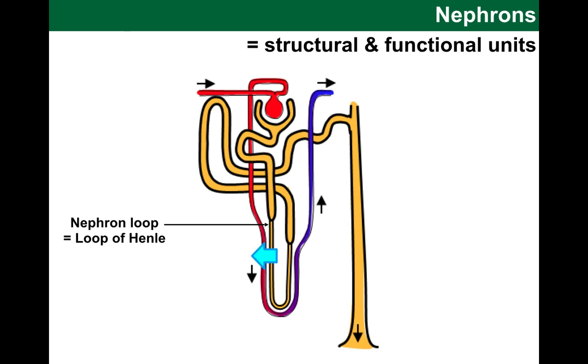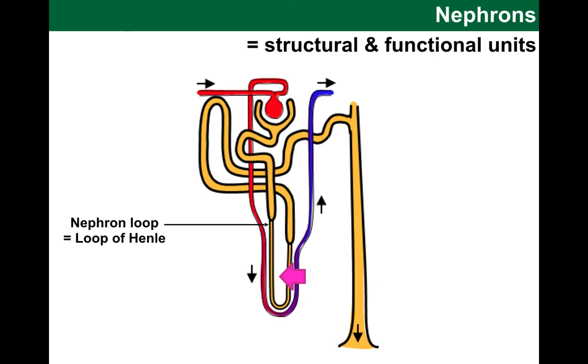During the descending limb, there is some reabsorption, so some of the material that we have taken into the nephron now gets returned back to the blood. And during ascending limb, some of the secretion happens, meaning that some content from the blood gets put back into the nephron.